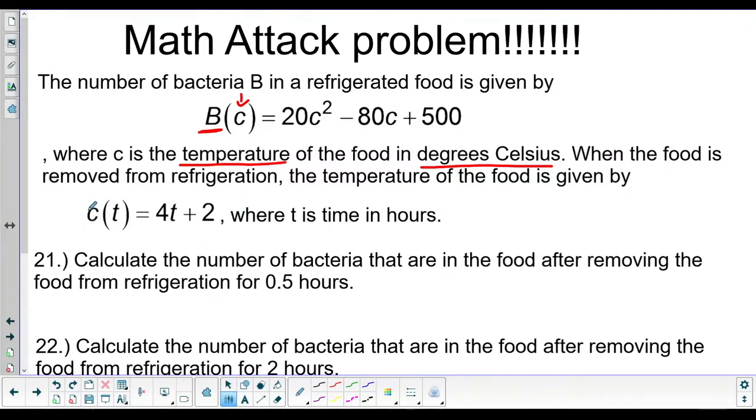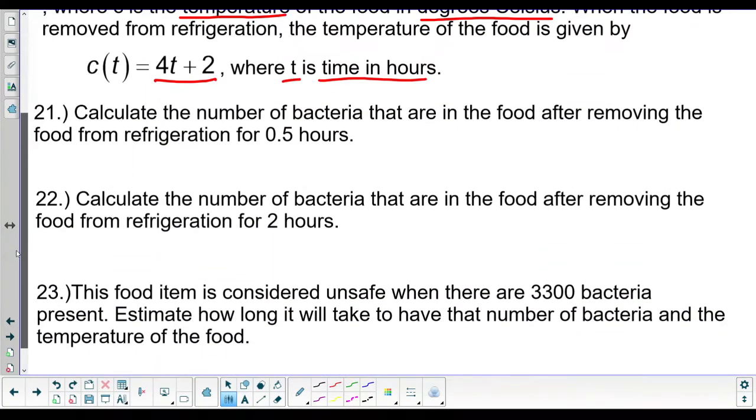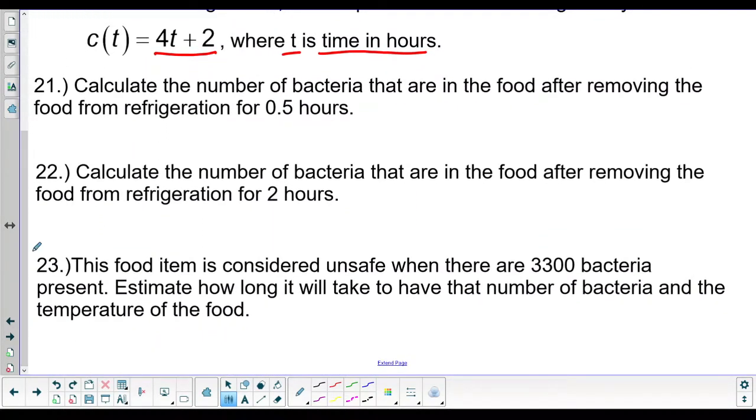C, or the temperature, is equal to 4 times T plus 2, and T is the time in hours. So in this equation, we have to plug the temperature in, but to get the temperature, we have to know how long it's been sitting out for. So they have a couple of questions for us to practice on.